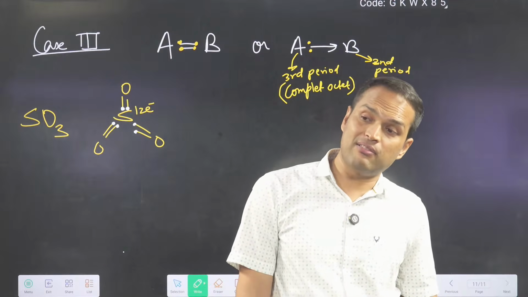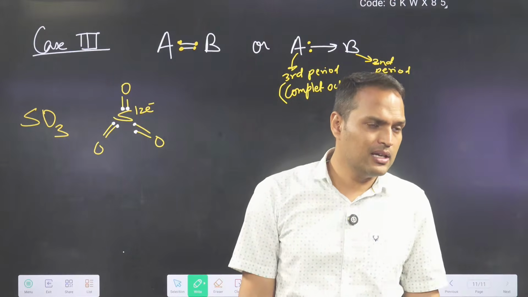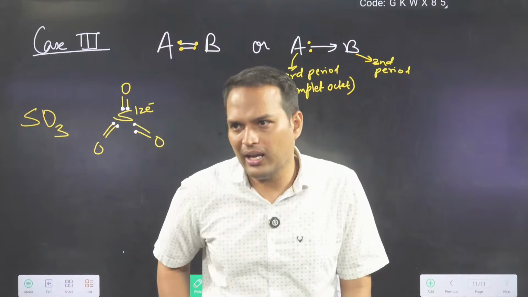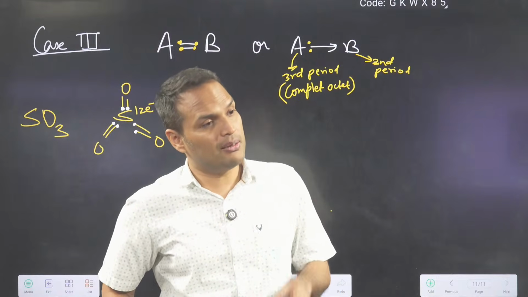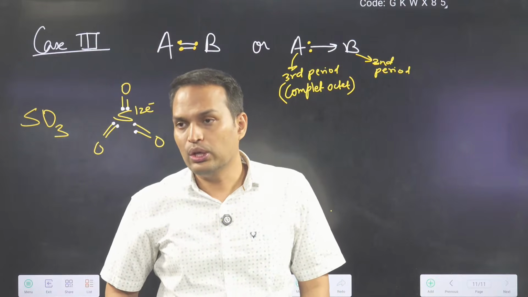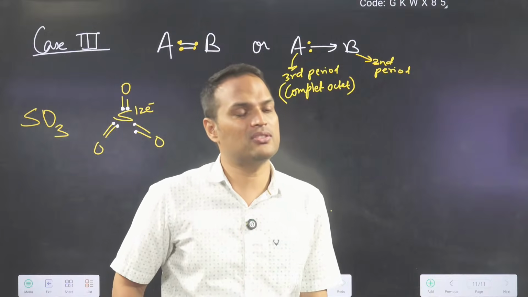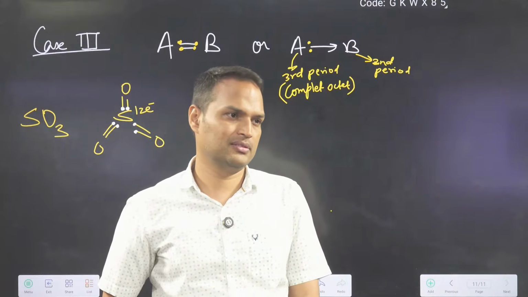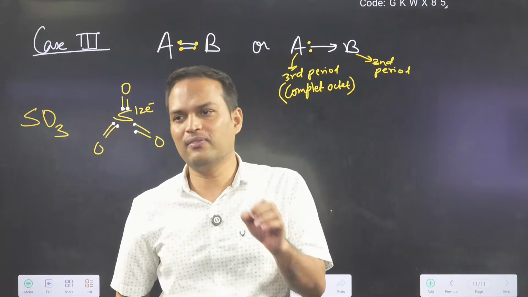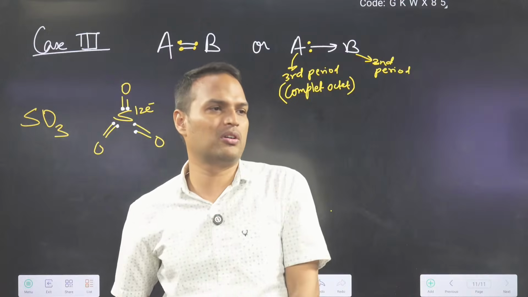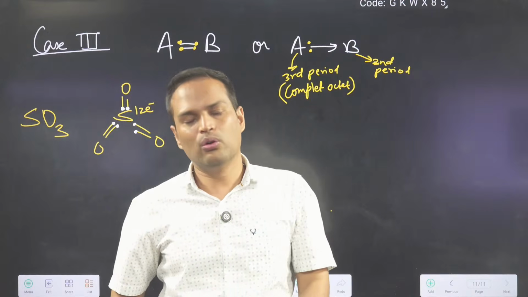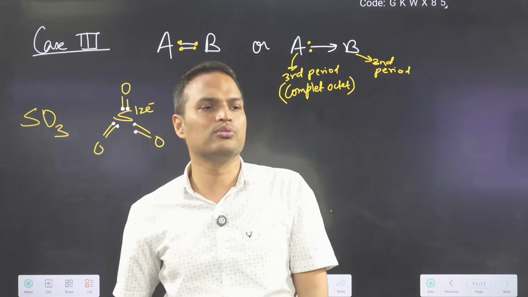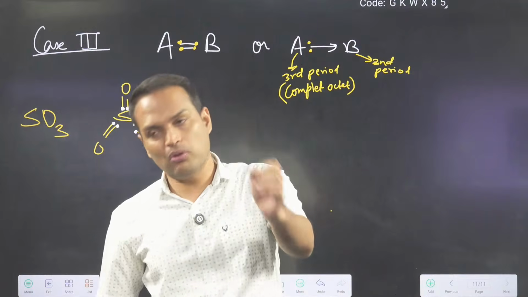That's why I said in the beginning, whenever they ask you any question, you have to think about the Lewis dot structure. You don't have to do the question based on coordinate. Only if they ask how many coordinate bonds are there, then you tell. If they don't say coordinate bond, don't use it.